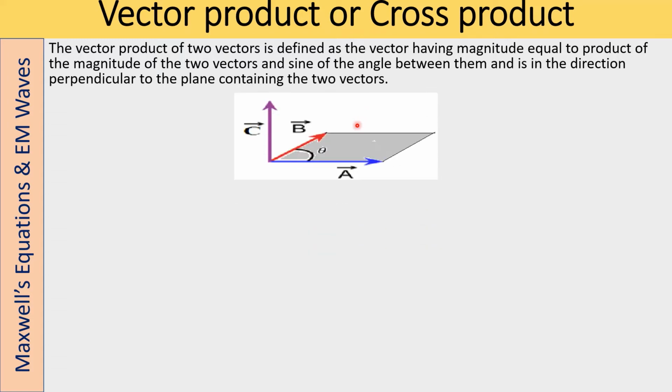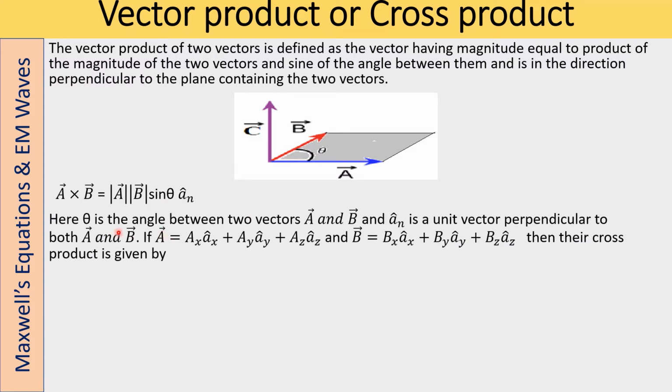Let us consider two vectors A and B. Then their cross product C equals A cross B. So A cross B is equal to the magnitude of A times the magnitude of B times sine theta times a_N, where theta is the angle between the two vectors A and B, and a_N is the unit vector perpendicular to both A and B, that is along C.